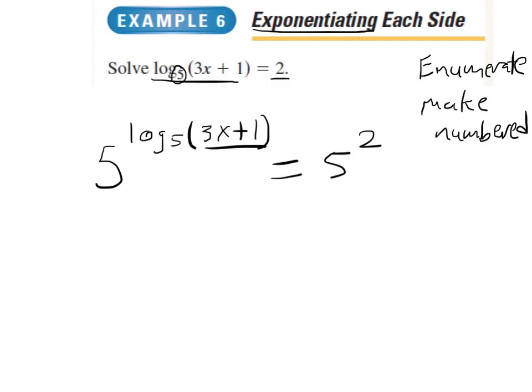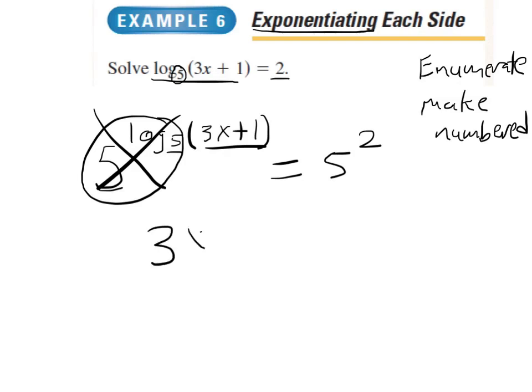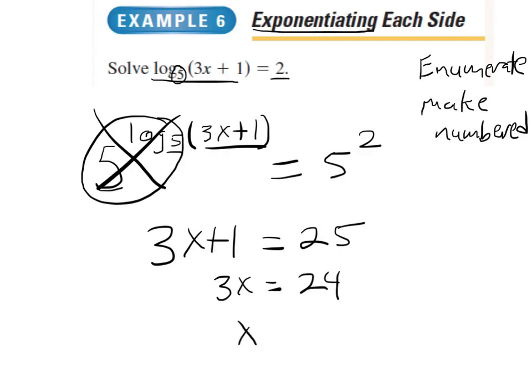Our 2 on the right side becomes the exponent above 5, our base that we chose. So again, these bases match here and here, so we can eliminate this, leaving just 3x plus 1 equal to 25. So then 3x equals 24, and x equals 3. We subtracted 1, we divided by 3 here. So there's our solution. Okay?